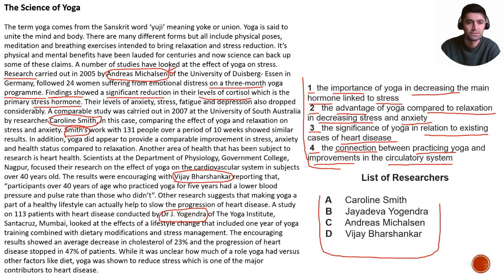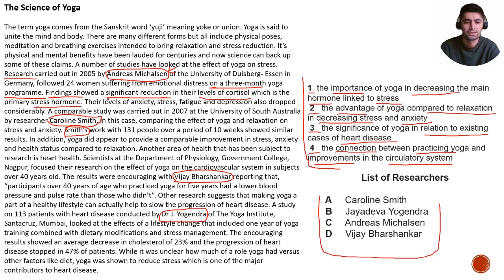Their levels of anxiety, stress, fatigue, and depression also dropped considerably. So now let's have a look at our keywords once again. There was a 3-month yoga program, and after that findings showed a significant reduction in their levels of cortisol, which is the primary stress hormone.